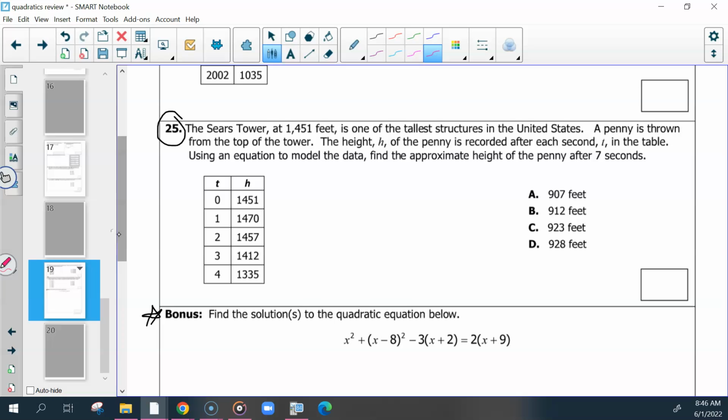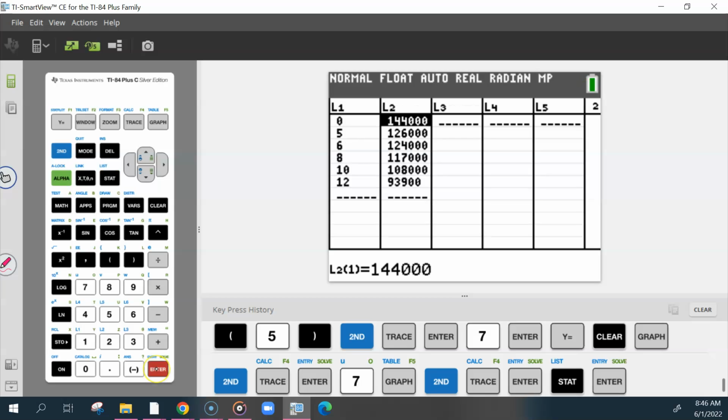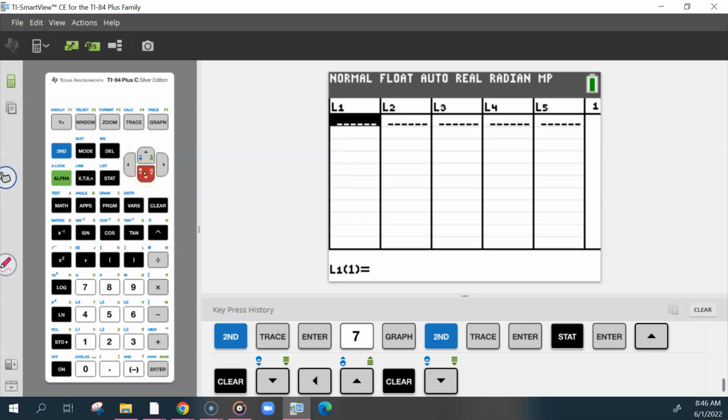So we would put our values into L1, L2, go into stat. If you have numbers in here, go up to the top and hit clear, and then scroll down, not delete. Put your numbers in.